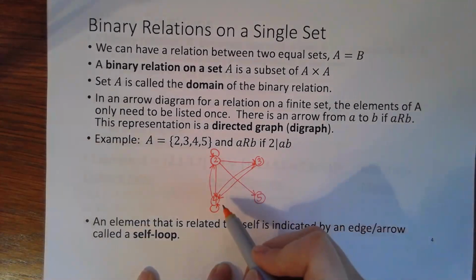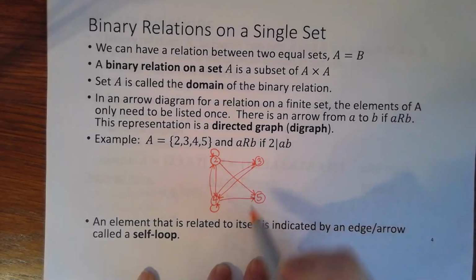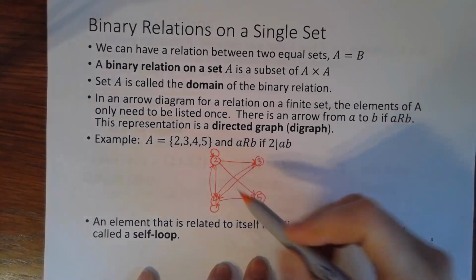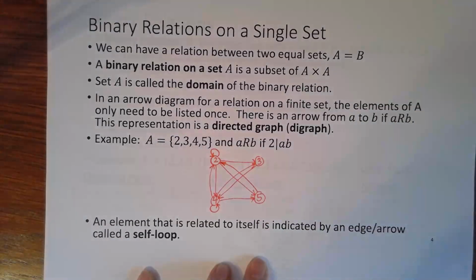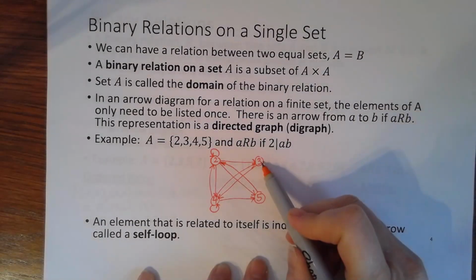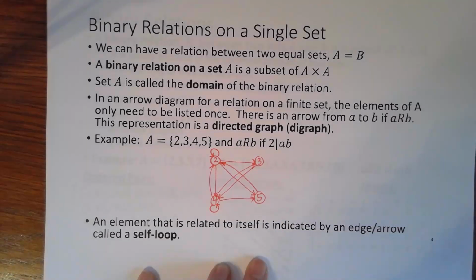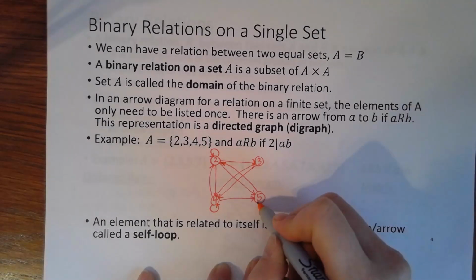Is 4 related to 5? Yes, because 2 divides 4 times 5. Finally, is 5 related to 2? Yes, because 2 divides the product of 5 and 2. It's not related to 3 because 2 doesn't divide 15, but it is related to 4 because 2 divides 20.